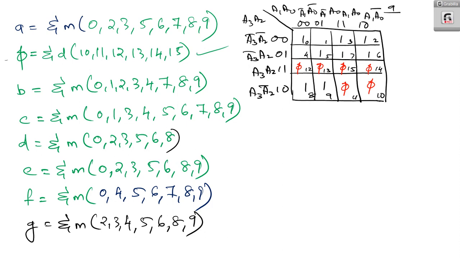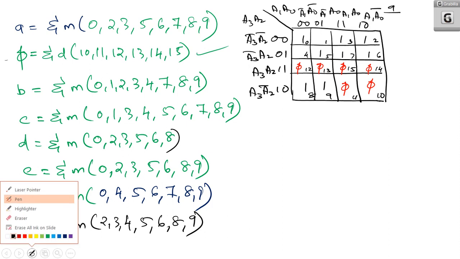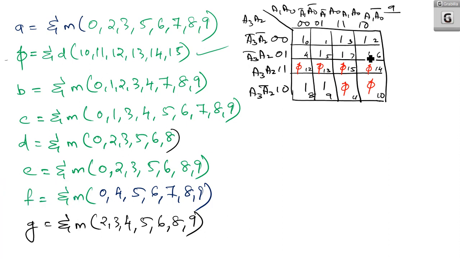Now let me take the possible combinations. The first one is an octet, which I can take directly. Which is common? Only A1 is common. So here we have A1.